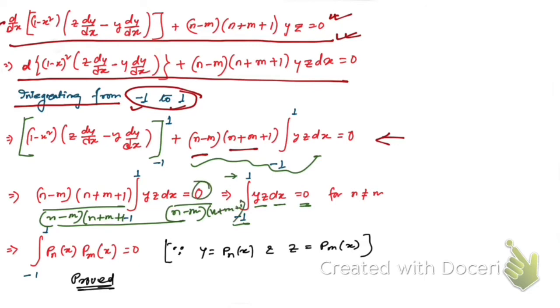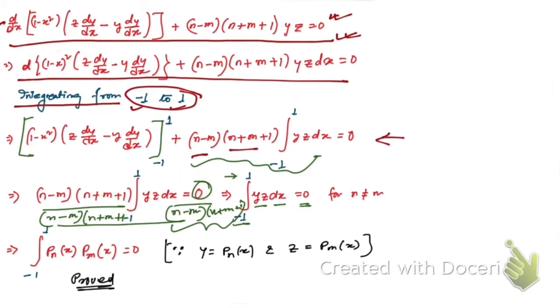So 0 divided by these things remains 0. And if you divide the left hand side by n minus m into n plus m plus 1, then these two will be cancelled, and we are left with only this part.